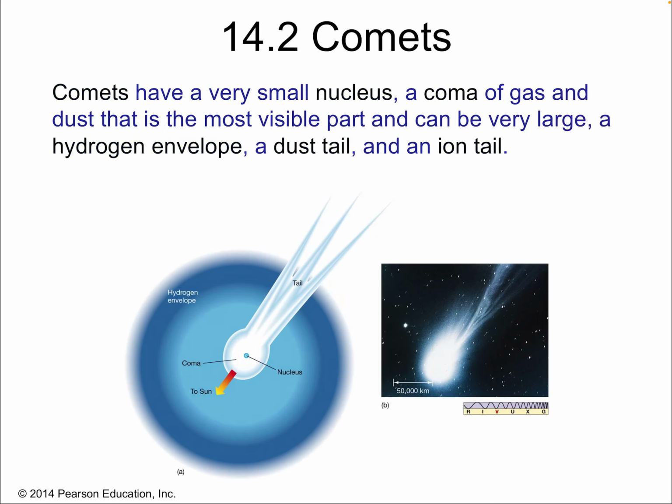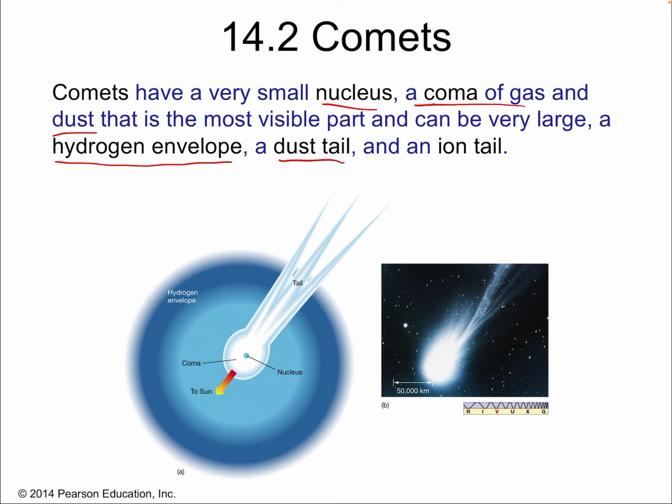Okay? So comets have a very small nucleus and a coma of gas, basically cool gas that's gravitationally held onto that nucleus, and dust, all right? That is the most visible part and can be very large. A hydrogen envelope, a dust tail, and an ion tail. Okay, so see that? They have an envelope of hydrogen gas, right? Cool hydrogen gas.